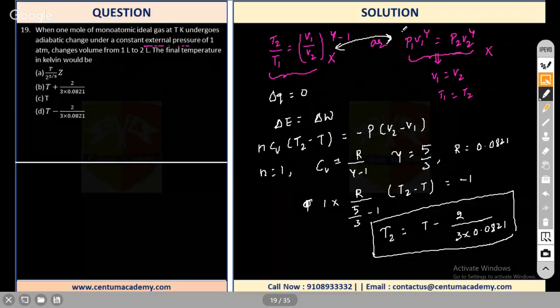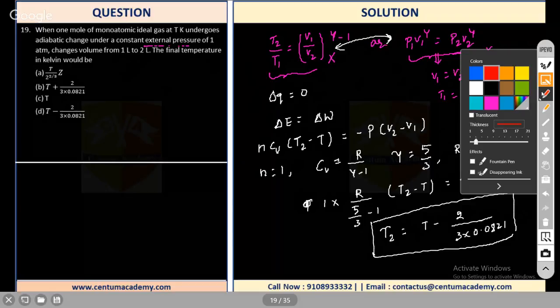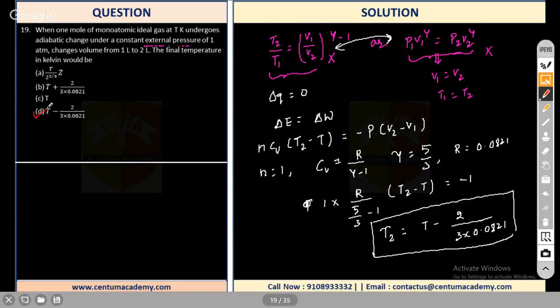So 19th, D is the right one. The answer is option D.